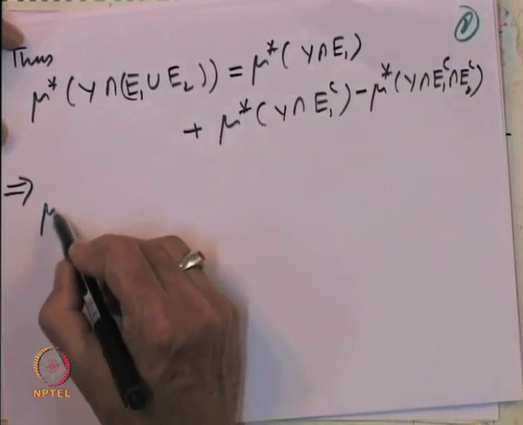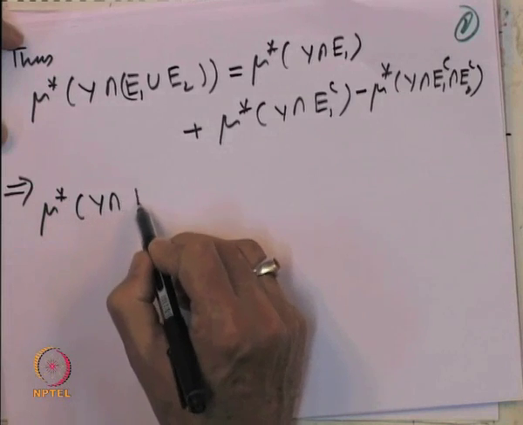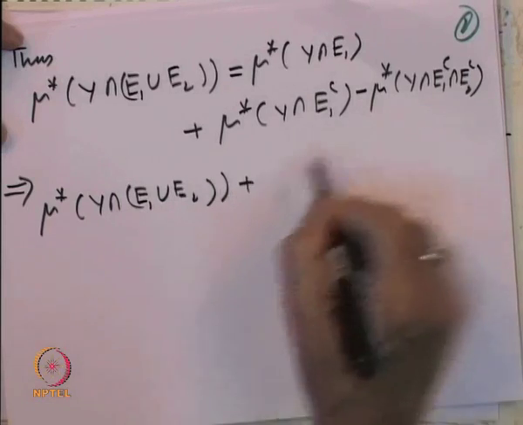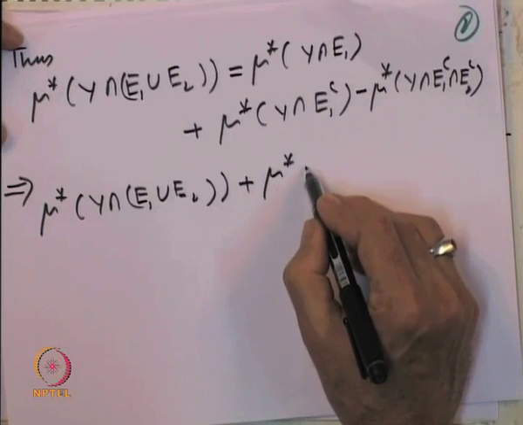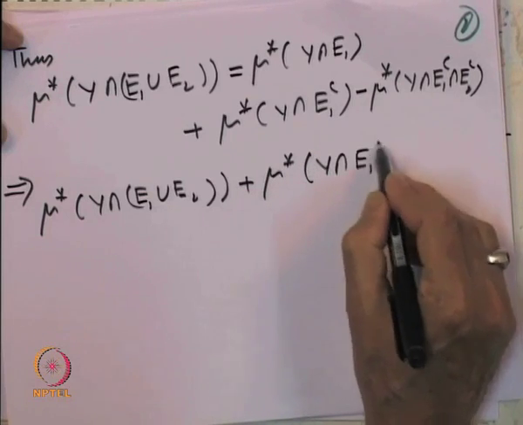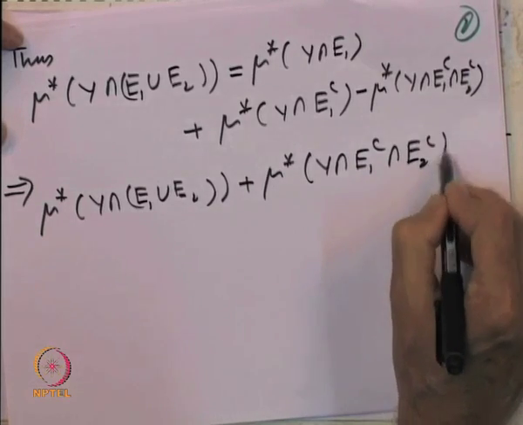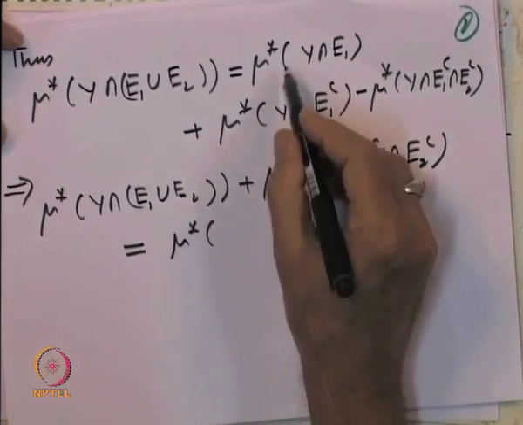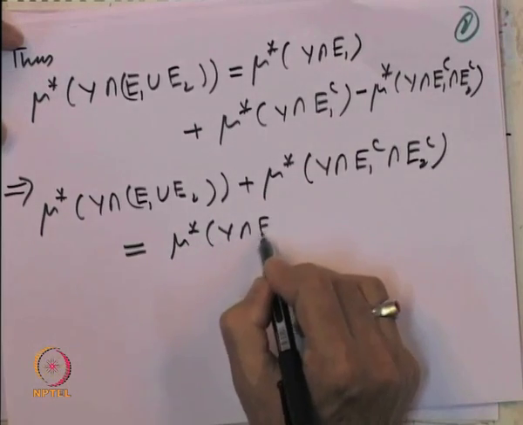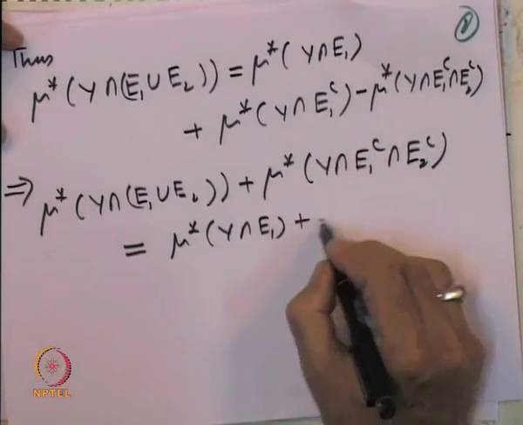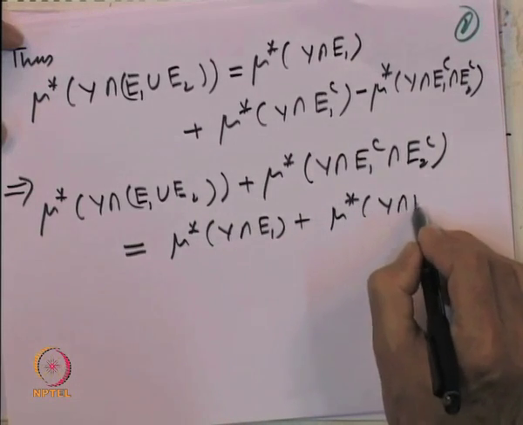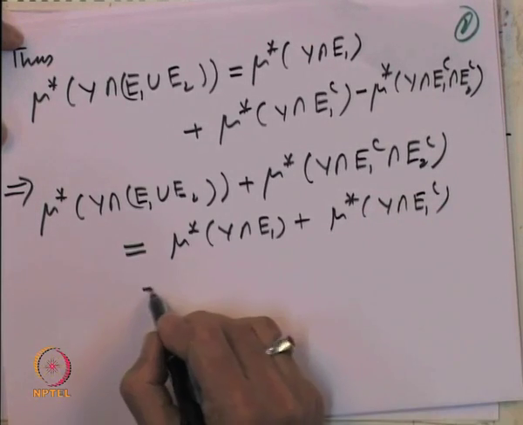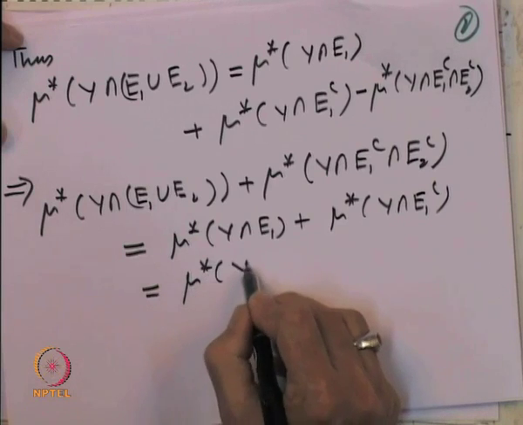This implies mu star of y intersection E 1 union E 2 plus mu star of y intersection E 1 complement intersection E 2 complement is equal to mu star of y intersection E 1 plus mu star of y intersection E 1 complement. And now, using the fact that E 1 is measurable, this is same as mu star of y.